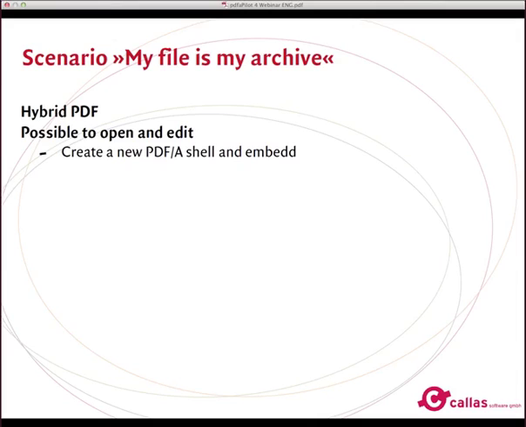So as you can see, that already makes sense, and in an ideal world it would be available in an editing application. So why shouldn't an Office application not just, while I say save this file, give me the option to also create a PDFA file and embed the original file into the shell.